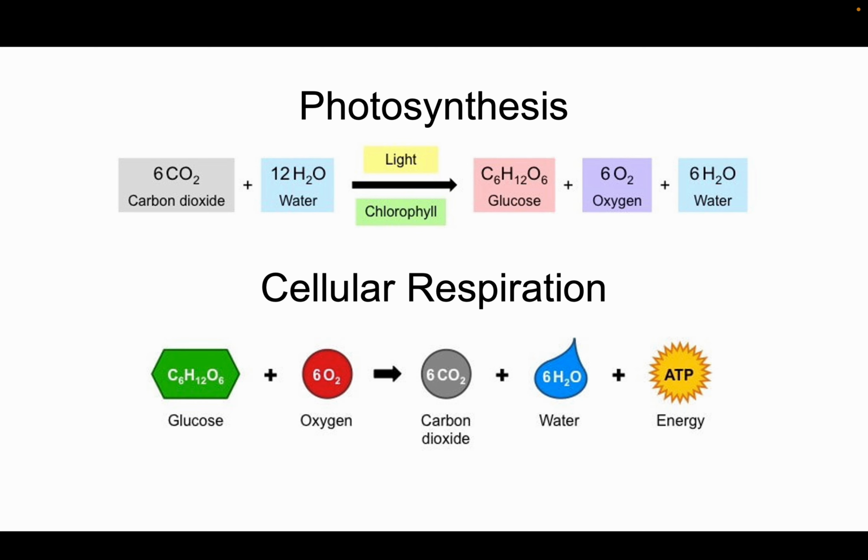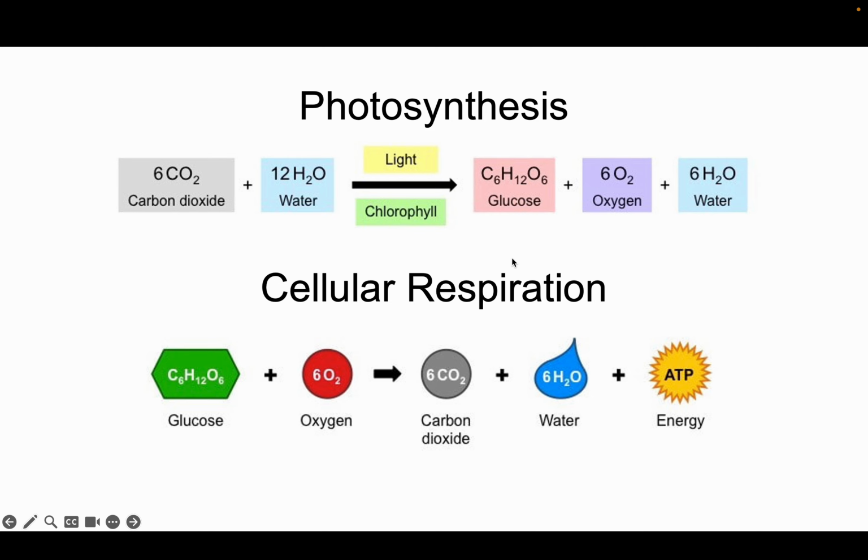All right, so before we leave, let's take a look at the photosynthesis and cellular respiration again. Now, if you take a look at it, these two equations are essentially the opposite of each other. What's occurring in photosynthesis is that we start off with carbon dioxide, water, and light. So these are the reactants, what is inputted, and the products are going to be glucose, oxygen, and water.